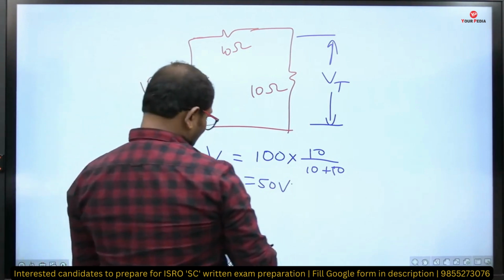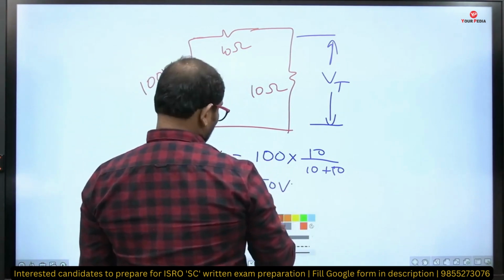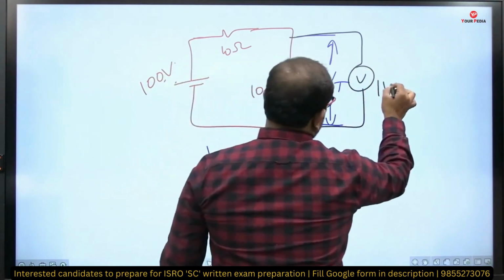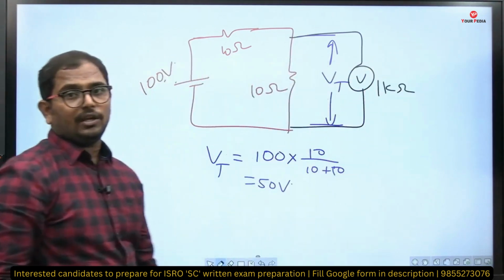What happens to the actual voltage? Here you need to connect a voltmeter. Let me take this voltmeter having an internal resistance of 1 kilo ohm.